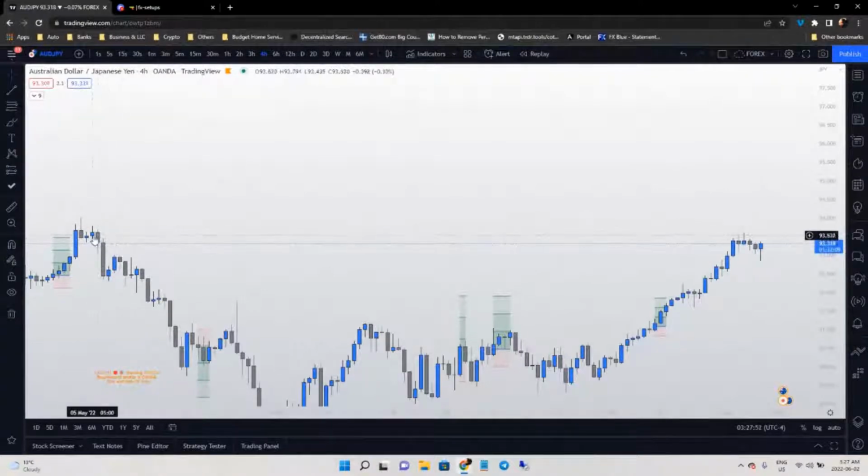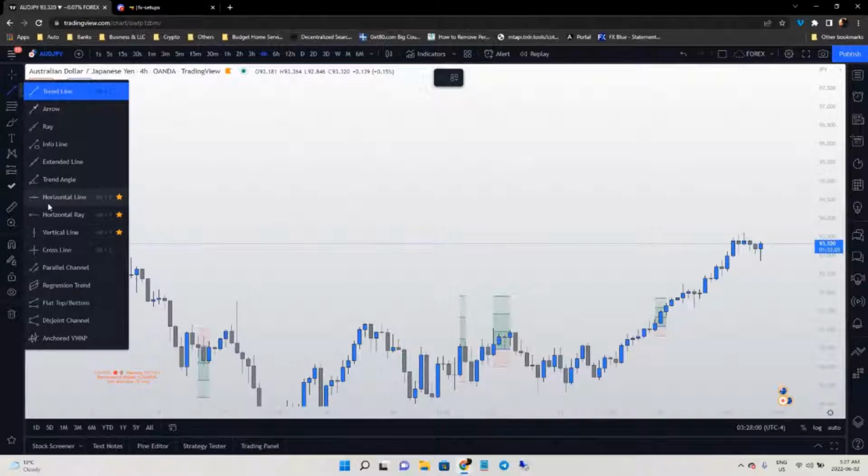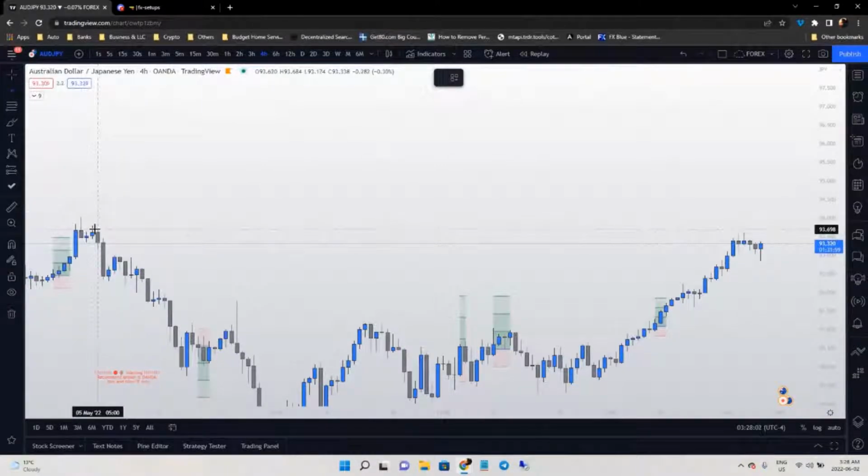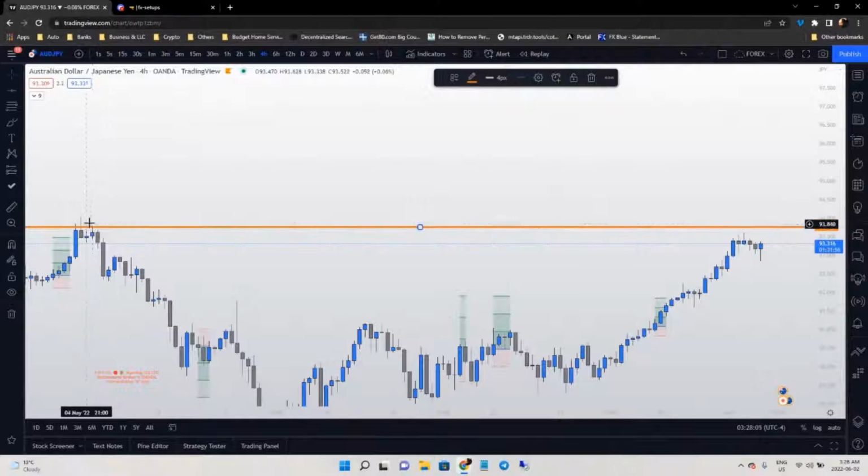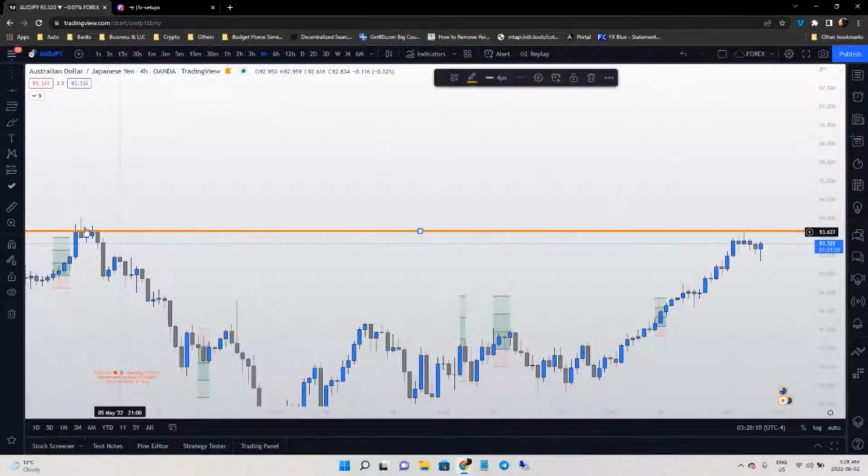So right now it's already exhausted, and as you can see, we could put a vertical line, horizontal line. So right now there was really some good resistance here. So we may expect maybe a little push up, and then it would go down.